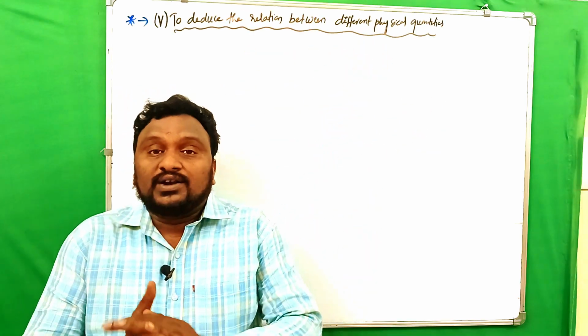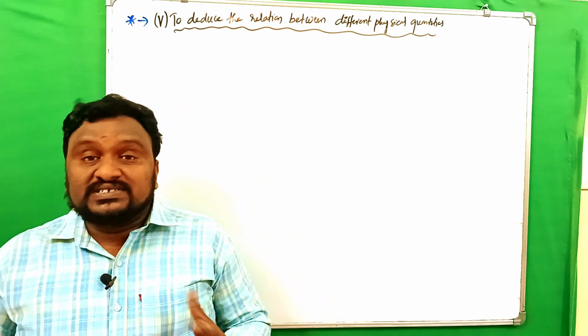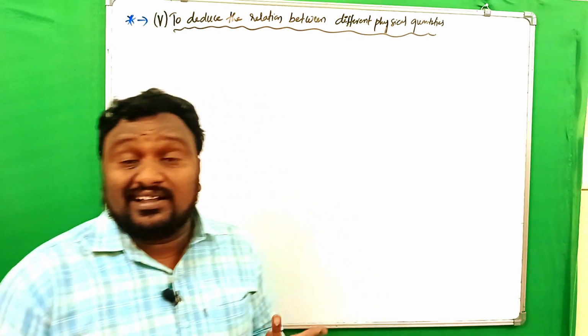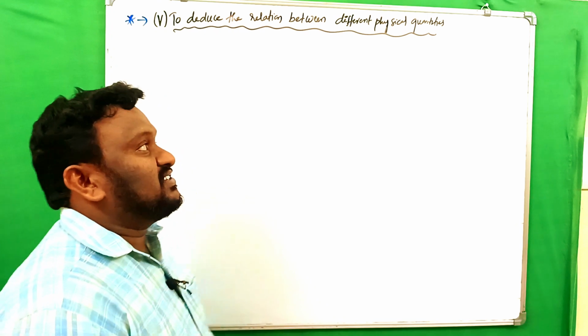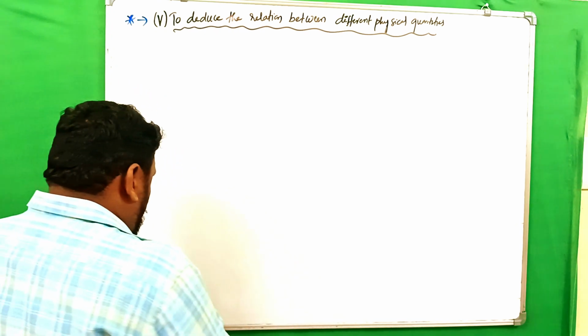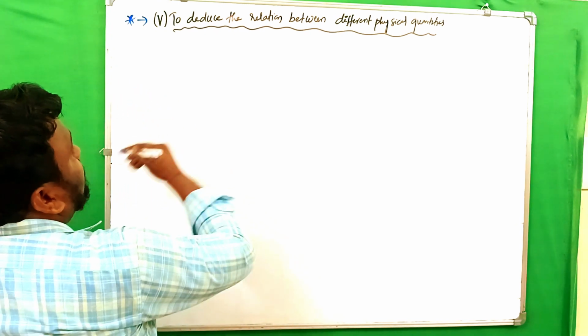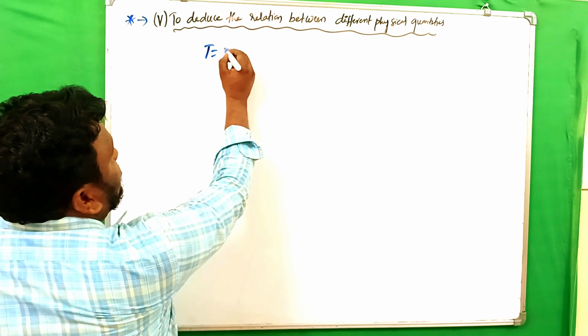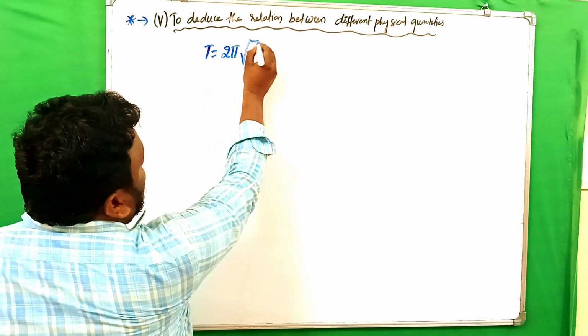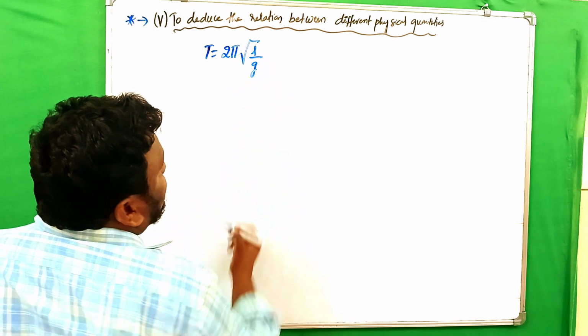Fifth one, to derive the relation between different physical quantities by using dimensional analysis. How is it possible? Let's see. For example, the time period of the simple pendulum is T equals 2 pi under root of L by g. We have to derive it.